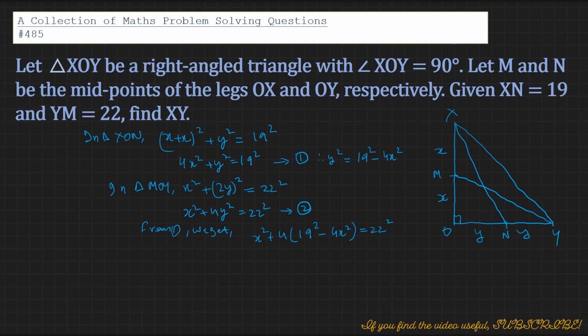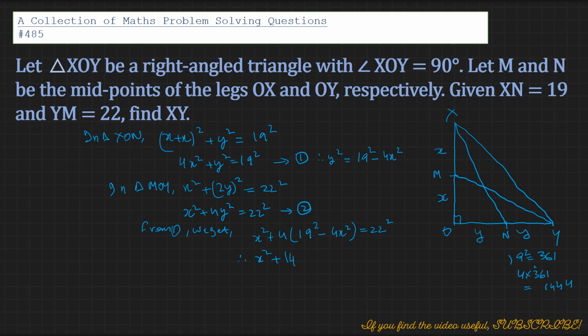If you remove the brackets, we get x square plus 4 times 19 square, and 19 square is 361, and 4 times 361 equals 1444.